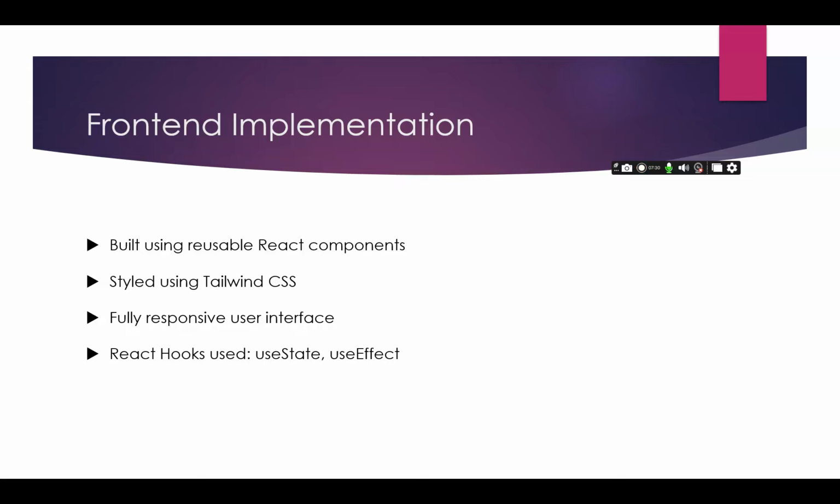State and functions are passed through props from the homepage to the footer and its child components, which keeps the logic centralized and UI components simple. Axios is used to connect the frontend with backend APIs for authentication, song fetching, and profile updates.